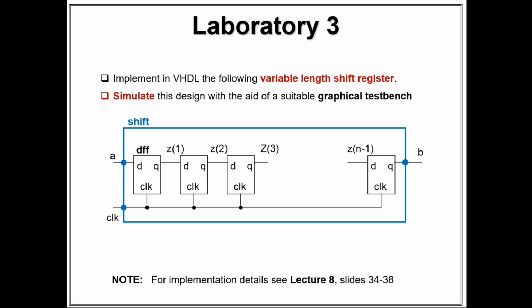Then as part of shift, you will define DFF as a component and essentially do what we've done in lecture 8. You can just go to slides 34 to 38 in lecture 8 and just copy paste the stuff from there as mentioned later on in this handout.